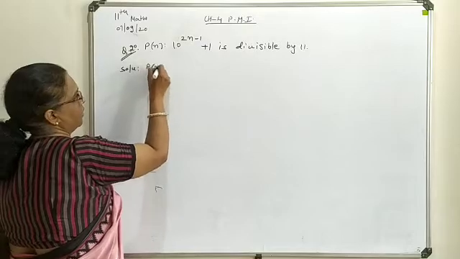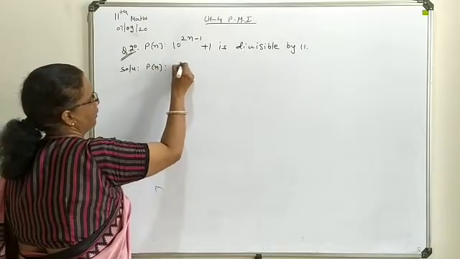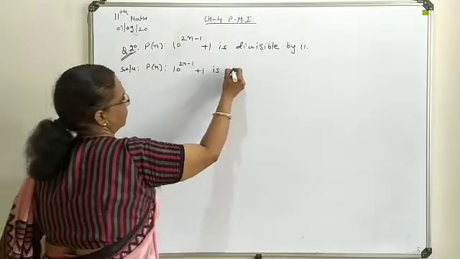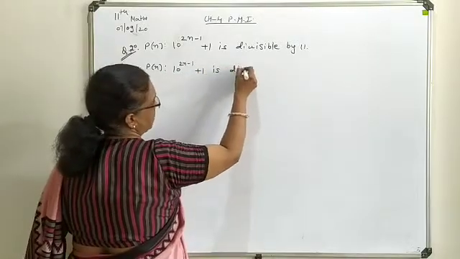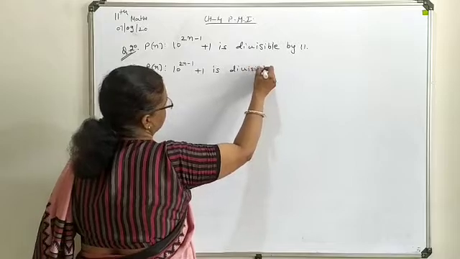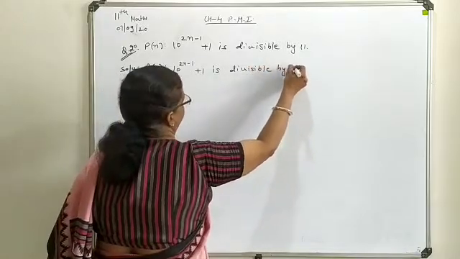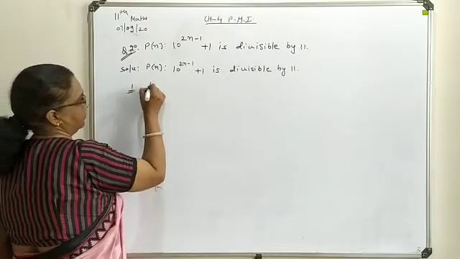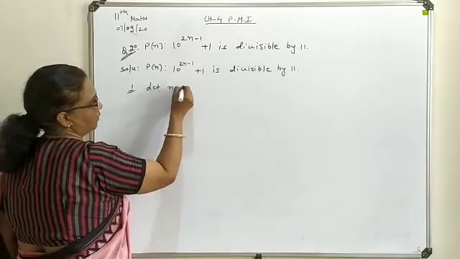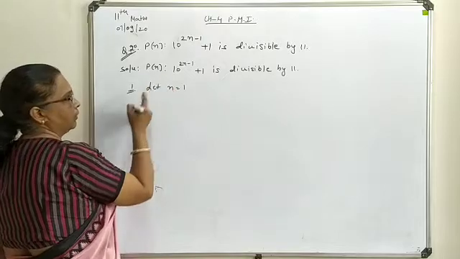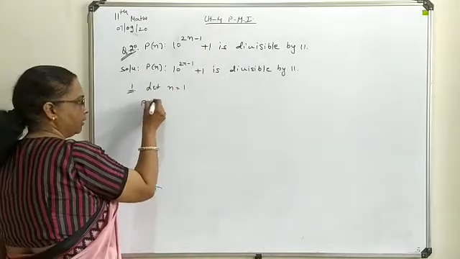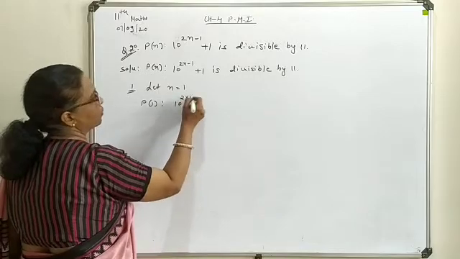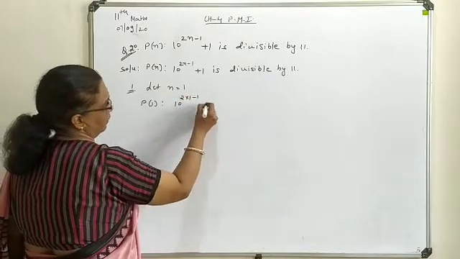Your question is 10 raised to power 2n minus 1 plus 1 is divisible by 11. The first step: let n is equal to 1. So here this P1 you will write as 10 raised to power 2 into 1 minus 1 plus 1.